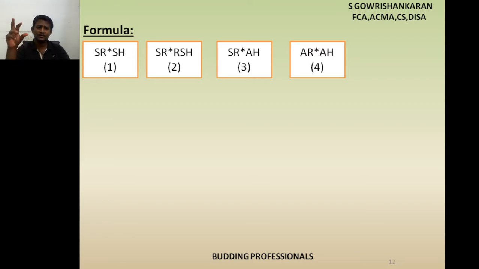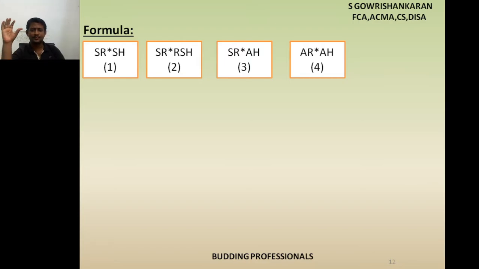This will be applicable when I have more than one segment of employees, for example skilled, unskilled, semi-skilled. Then this standard mix revision will come. That is nothing but standard mix for the actual hours used. Third one is standard rate into actual hours, actually how many hours I spent.